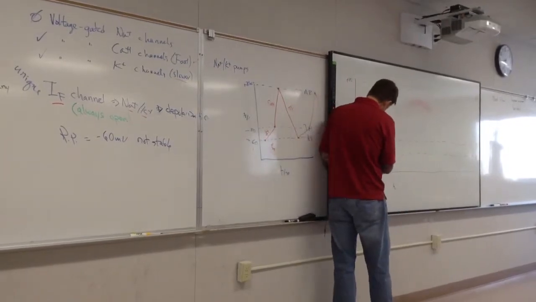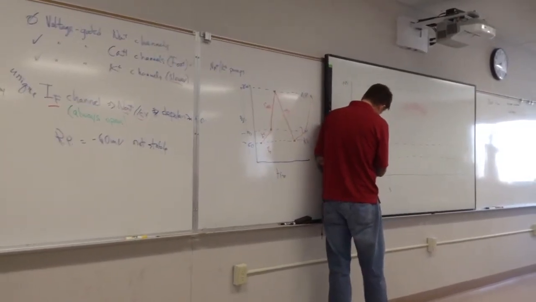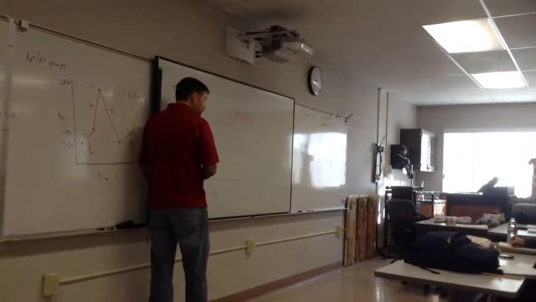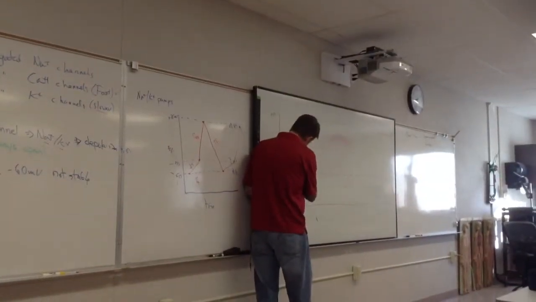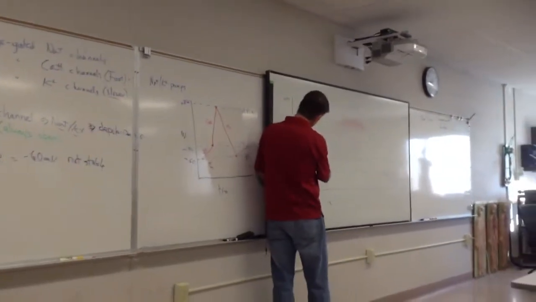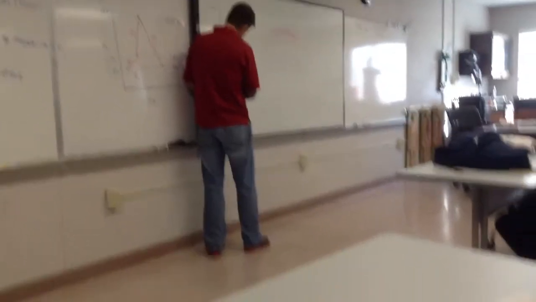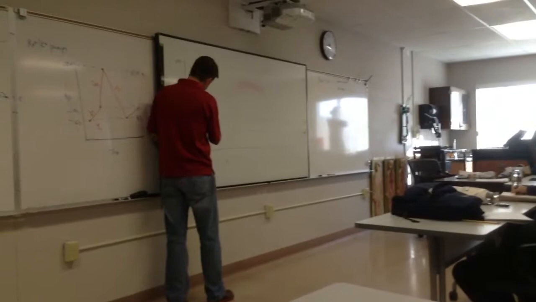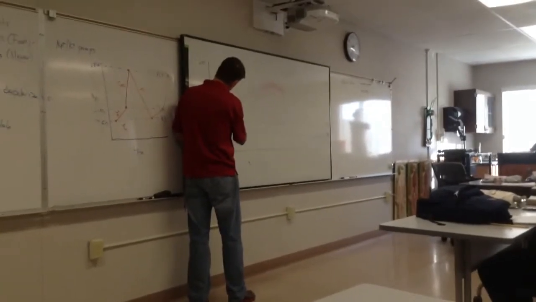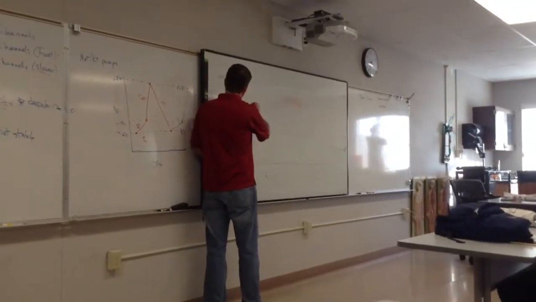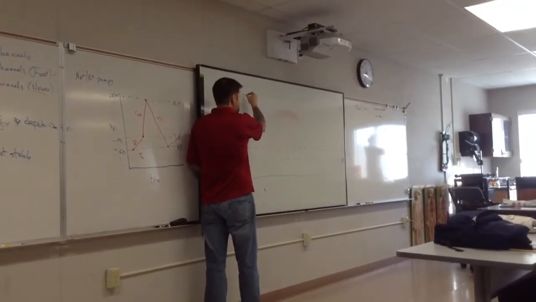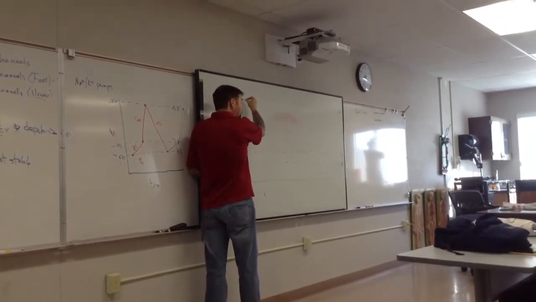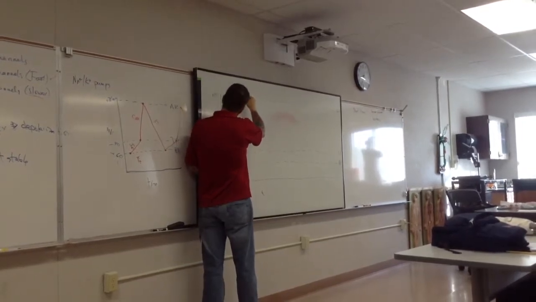So we started at minus 60. We had depolarization to threshold. As soon as we reach threshold, that's IF channel, sodium influx greater than potassium efflux, depolarized. Threshold, fast-acting voltage-gated calcium channels open, depolarize quickly. Calcium channel closed at plus 20, but by this time, the slower potassium channels are open.